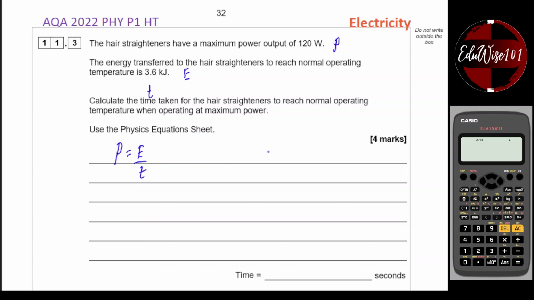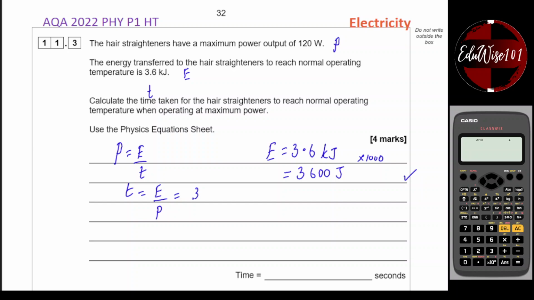Now, the energy they have given you is 3.6 kilojoules. You'll have to convert that to joules. So you need to multiply that by 1,000, which gives you 3,600 joules. Now that carries 1 mark. In order to calculate the time, it is the energy divided by the power.